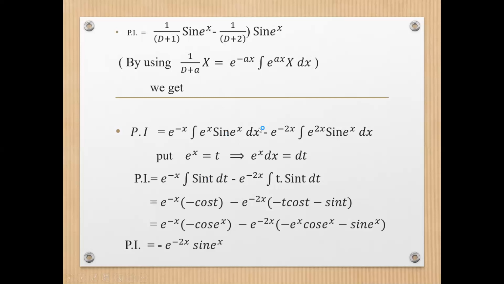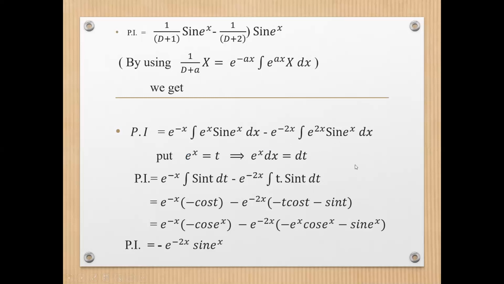Okay, so the first term becomes e raised to minus x integration sin t dt, minus e raised to minus 2x integration. Here is e raised to 2x. We have put here e raised to x equal to t. So e raised to 2x becomes t square, t square into sin t dt. Getting me?